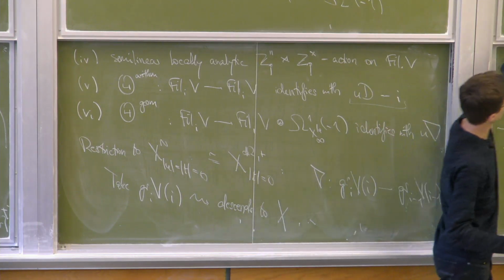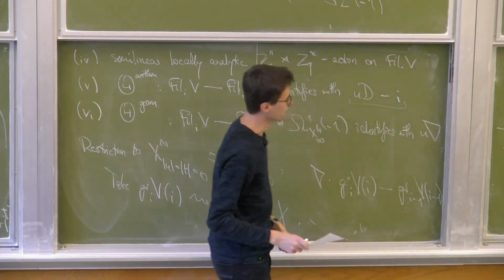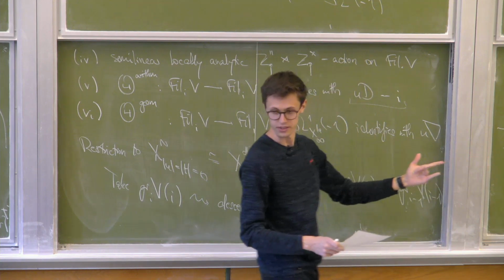And sort of this gives me a fiber square like in 1, if I take homology of the ith Breuil–Kisin twist.